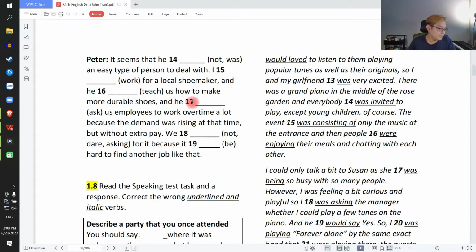And he used to ask, or he would ask us employees to work overtime a lot because the demand was rising at that time, but without extra pay. We wouldn't dare ask for it because it was hard to find another job like that. Okay.